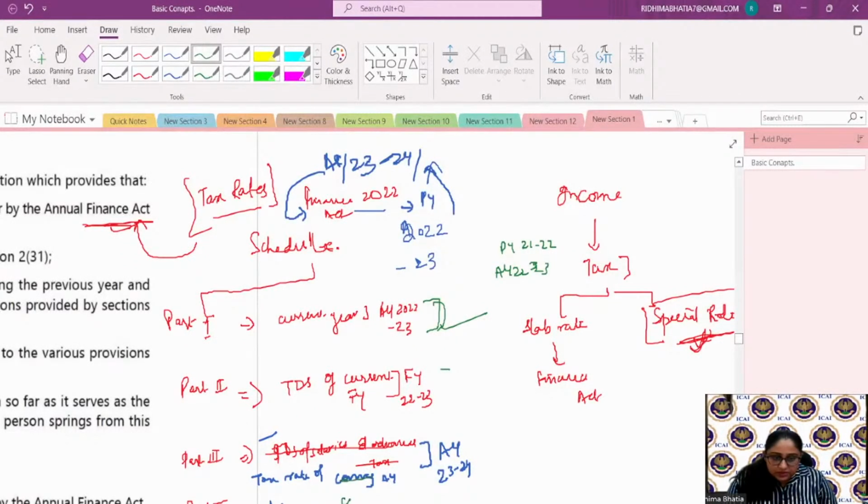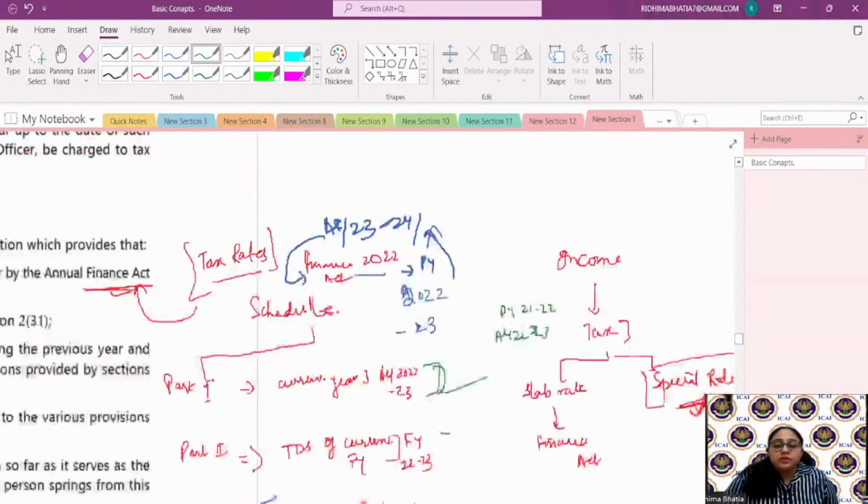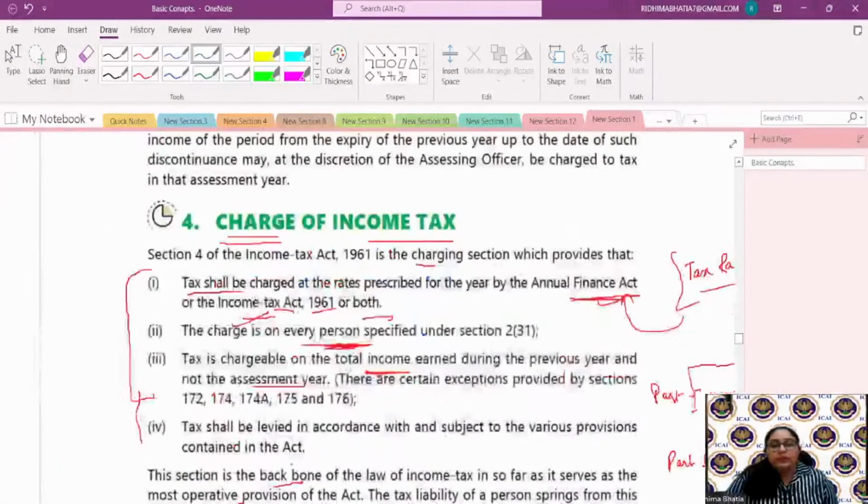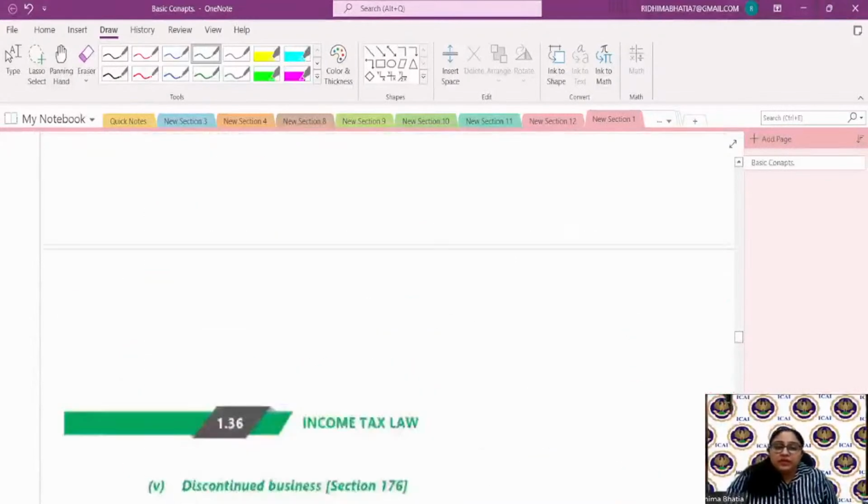The assessment year that will start, or the previous year that will start in a month or so, which is my previous year 22-23. So for assessment year 23-24, I will get the tax rate, and part 4 tells about the net agricultural income. Clear?